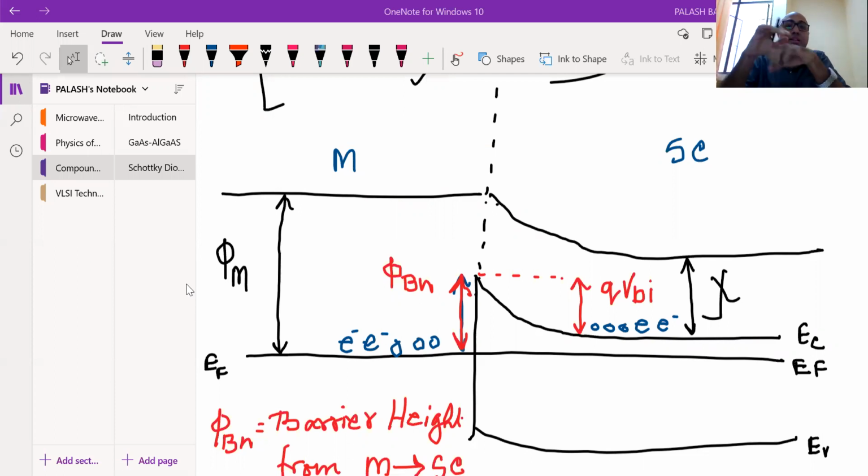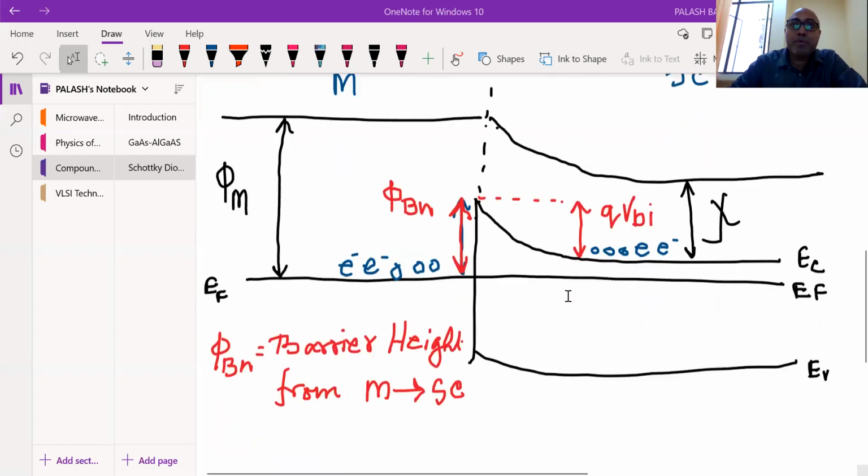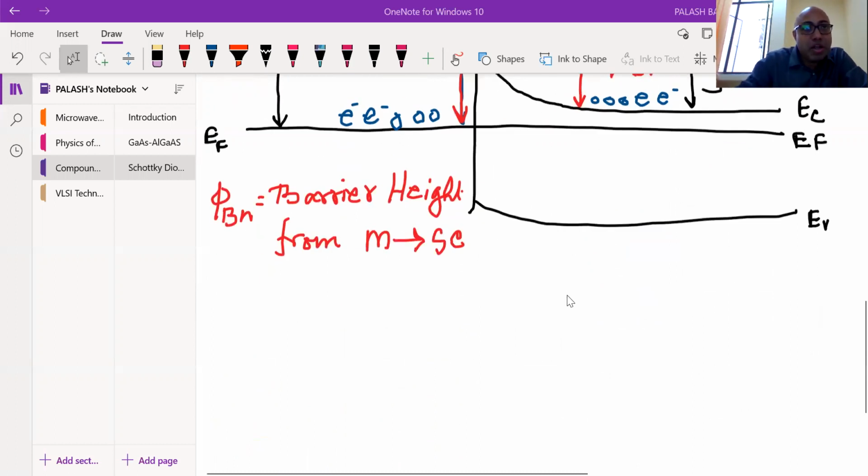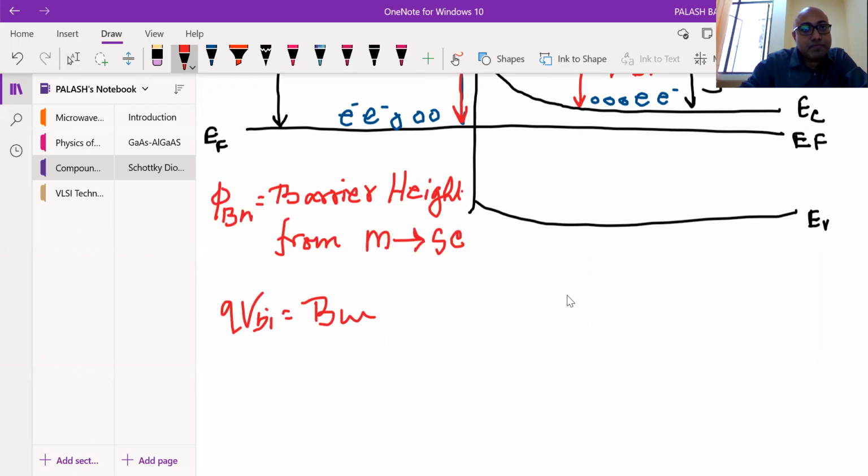One carrier is on the metal side, and if these carriers try to go from metal to semiconductor side, they have to cross phi Bn. Similarly, carriers on the semiconductor side that want to go to the metal side have to cross this VBI, which is nothing but the built-in potential. I think you are really familiar with this term from the PN junction diode. Built.